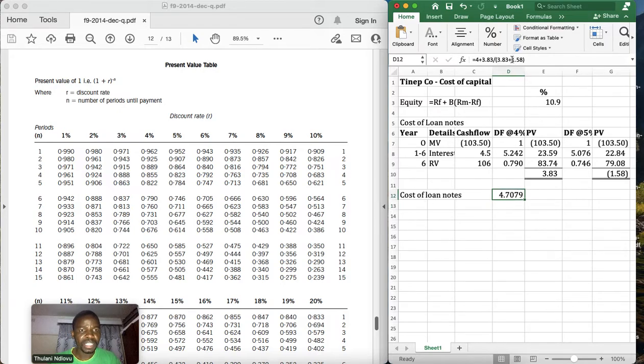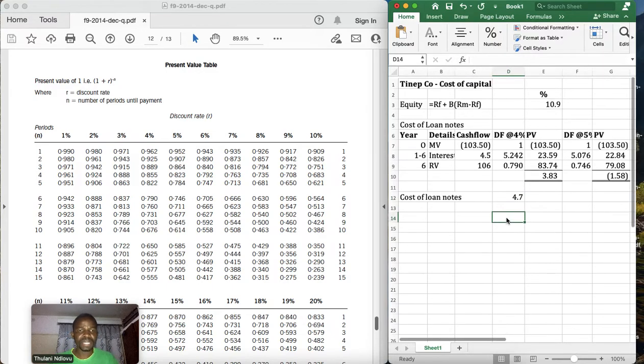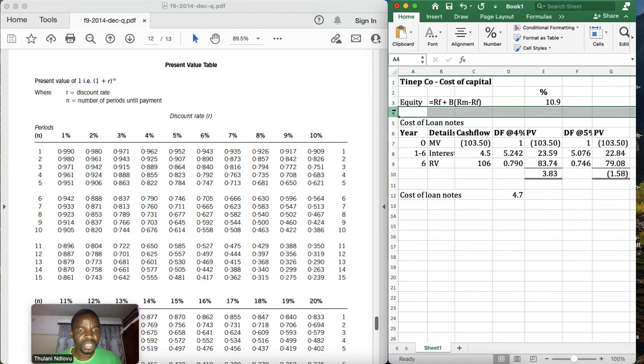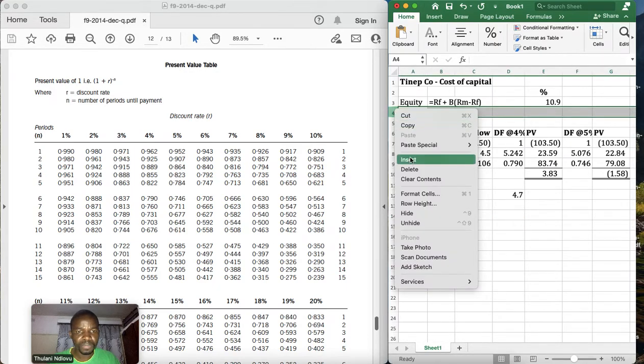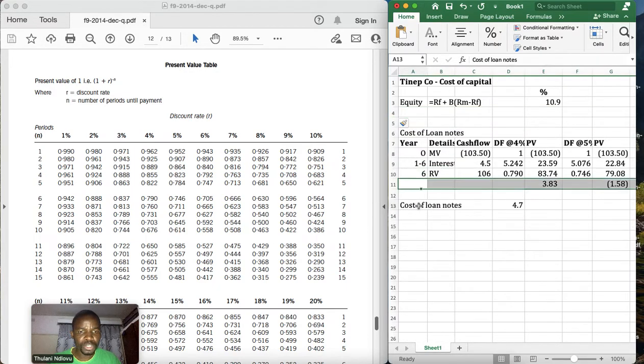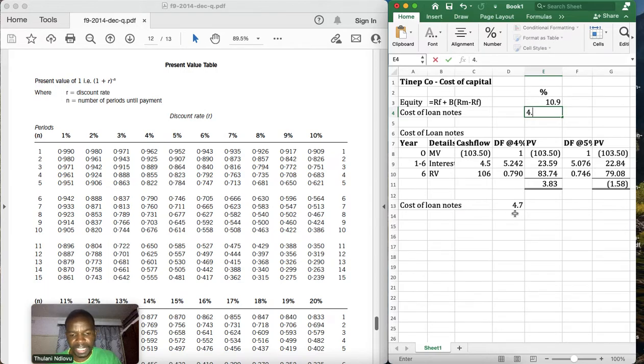Then if we put this to 1 decimal place, we get 4.7%. Now we have calculated our cost of loan note, which is 4.7%.